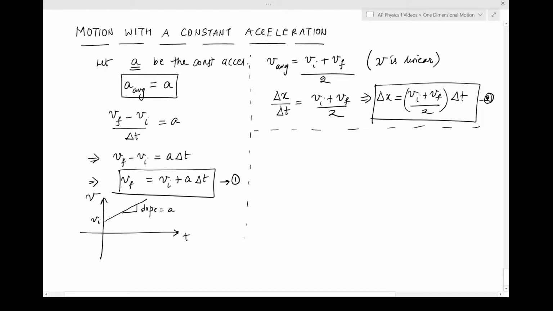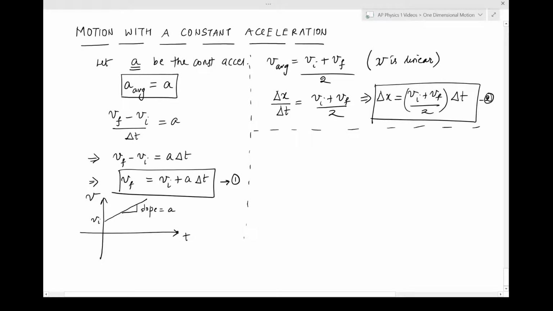Now, if you look at the first equation, it has 4 quantities in it: Vi, Vf, a, and delta t. The next one also has 4 quantities: delta x, Vi, Vf, and delta t. Let us eliminate Vf between equation 1 and equation 2.